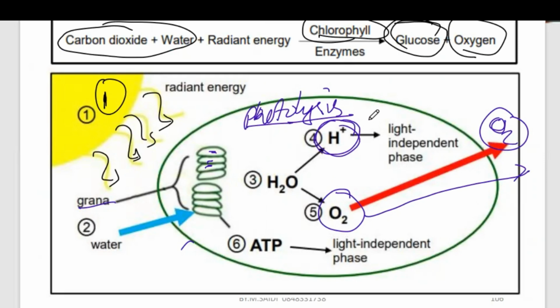Now, we use this hydrogen ion which is formed. This hydrogen ion will go to the light independent phase, which we call the dark phase.